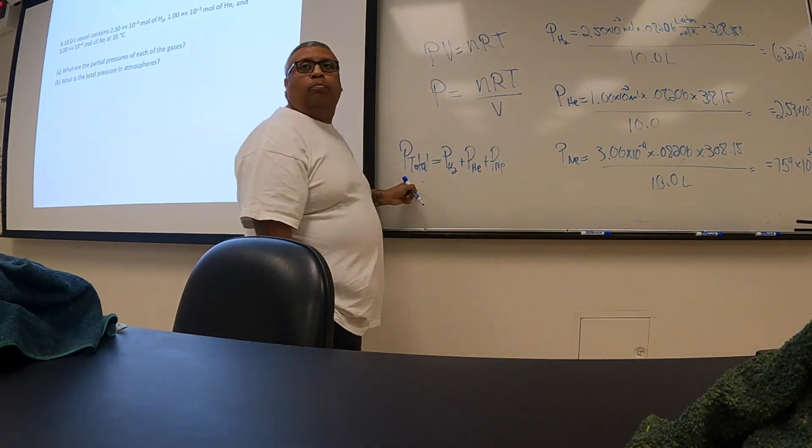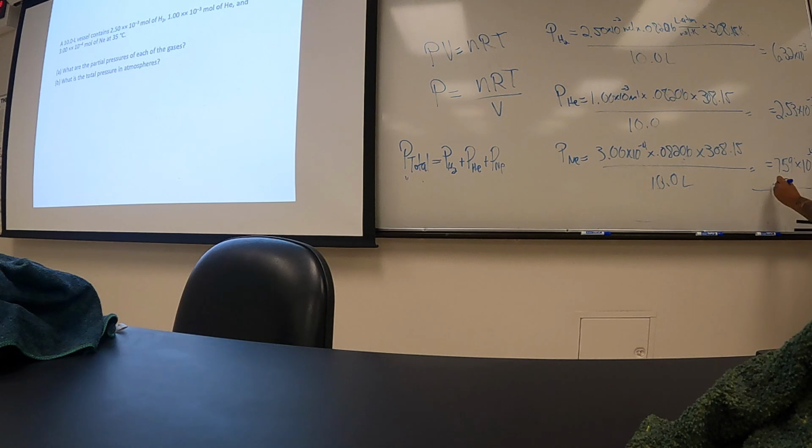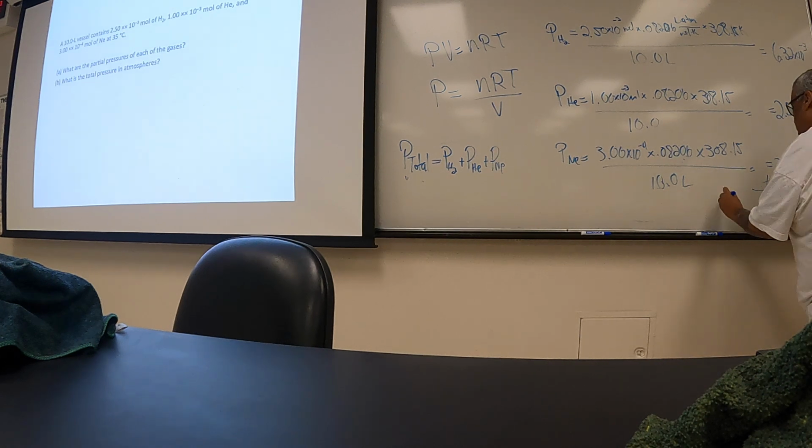So to get the total pressure here, we're simply just going to add all of these pressures up together. So can somebody add this, this, and this together, and that's going to be our total pressure. And this will be in atmospheres.